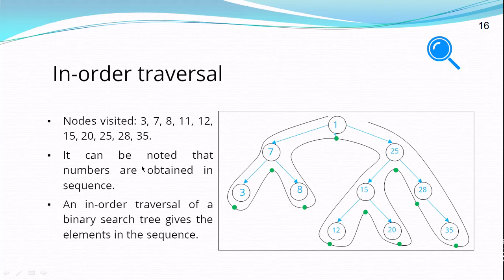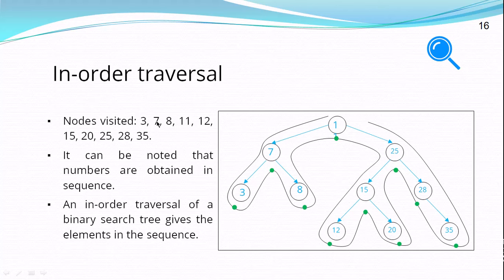So the in-order traversal for this tree is that I'm actually going to print out, first of all, this is the first green dot, if you recognise. Print it out, you get 3. Then this is the node that you then visited.